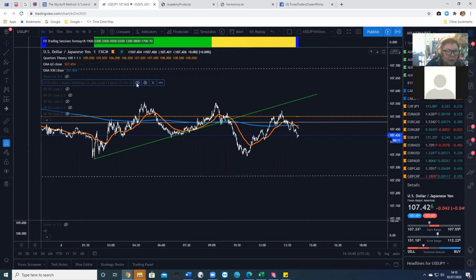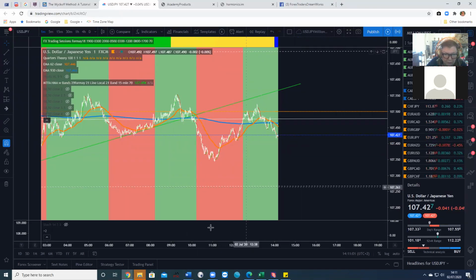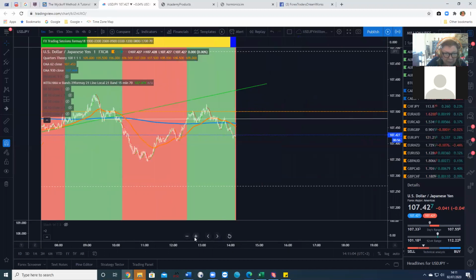So this is one of our exit confirmations: 2 flips of the Hull on the 1 minute going through price, and we get out of the trade. So let's have a look.